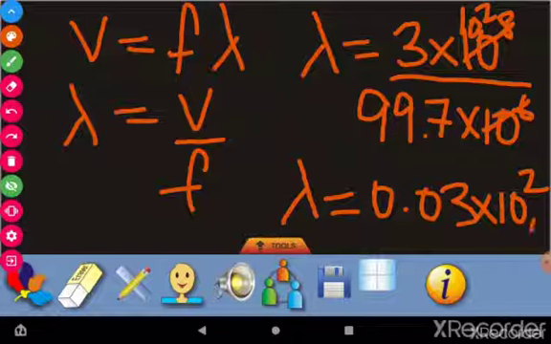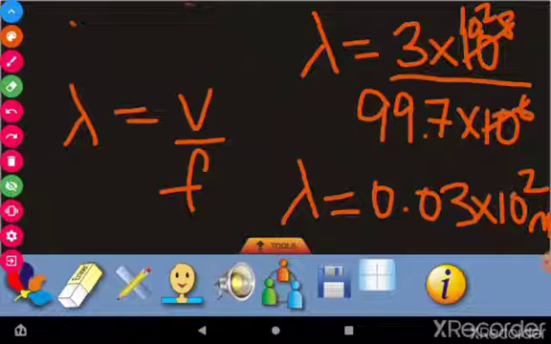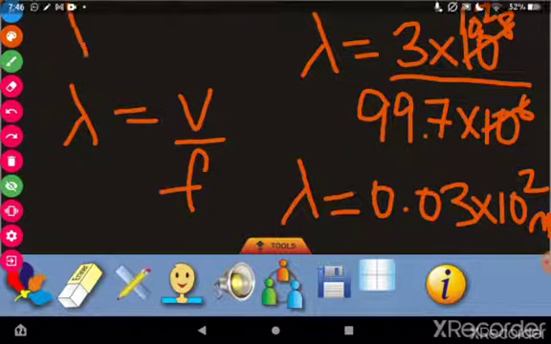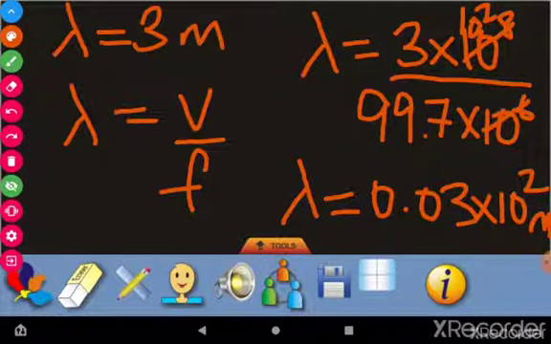And this would be in meters. So let me just fix that up a bit. So 0.03 times 10 squared is the same thing as 3 meters. So lambda therefore is equal to just 3 meters.